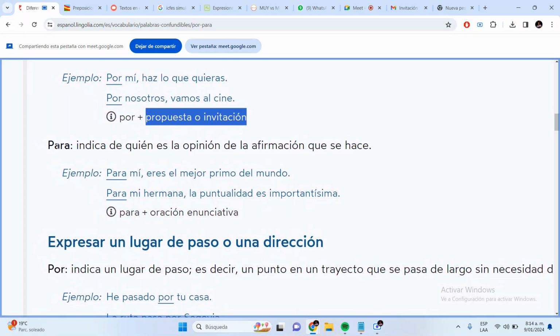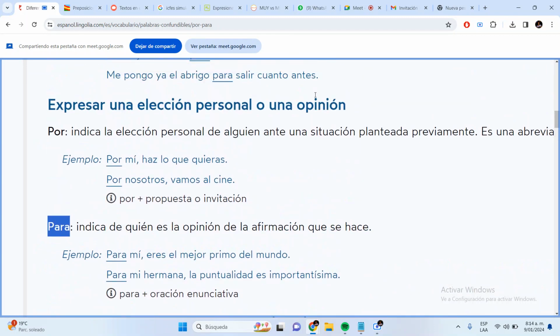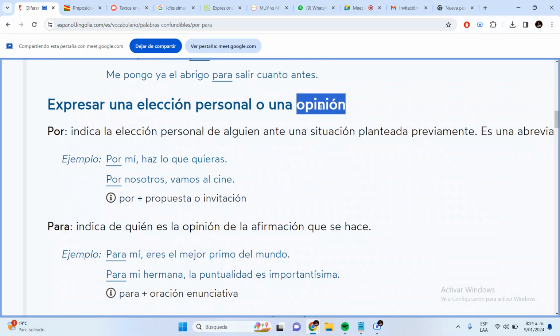Then we have para. That is the other case that I told you. Now we are in the case of opinion. And for the opinion, we're going to use para. But more specifically, para is going to tell me who has that opinion.